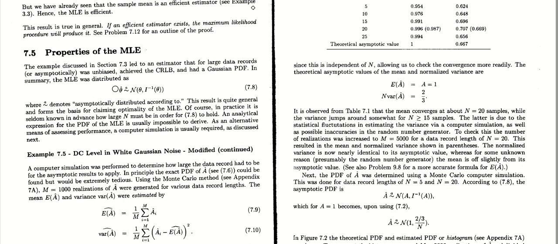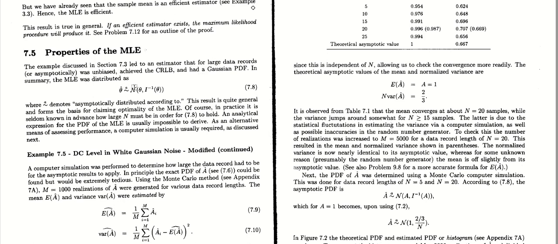So its distribution will be theta hat distributed as N(theta, I(theta) inverse), where I is the Fisher information matrix. And the Fisher information matrix we have introduced in previous chapters, right? It's a partial derivative of the likelihood function with respect to the parameter elements.